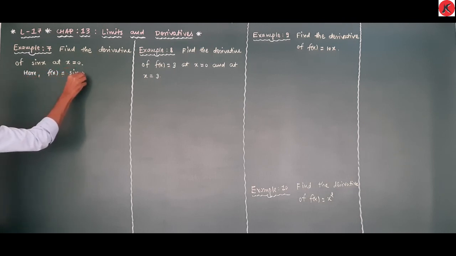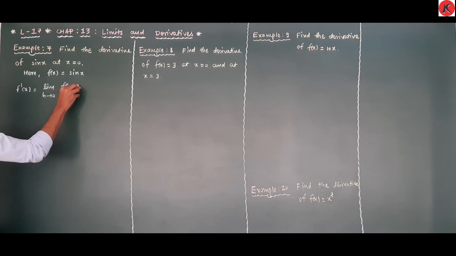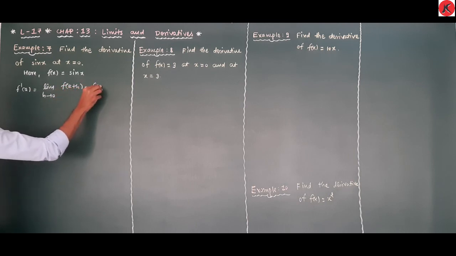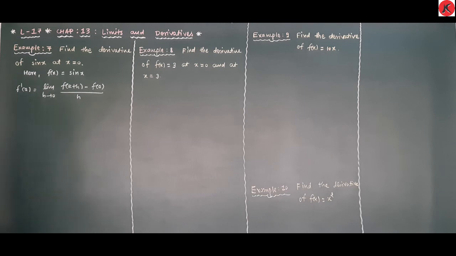And according to first principle of derivative, we can write f dash a equals limit h tends to 0 of f of a plus h minus f of a divided by h. Now we want the derivative at x equals to 0.